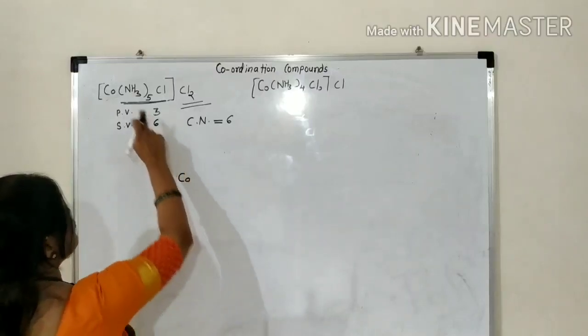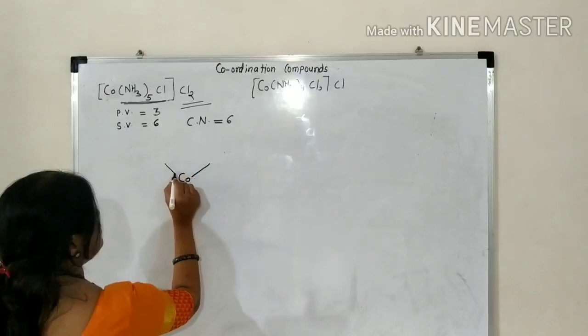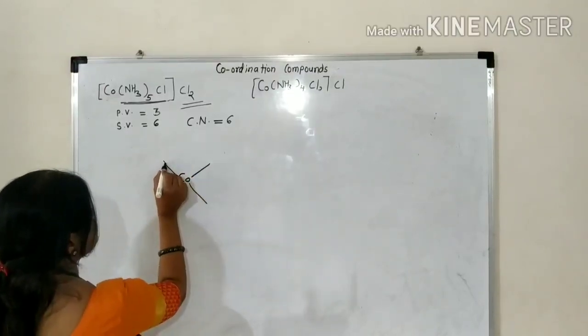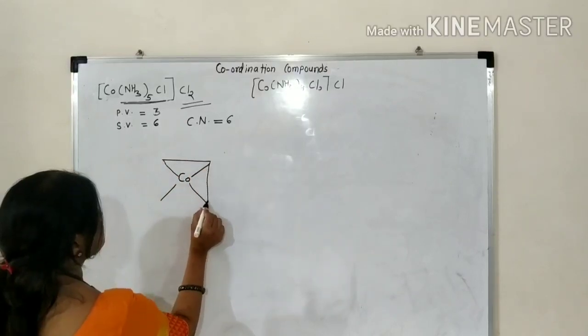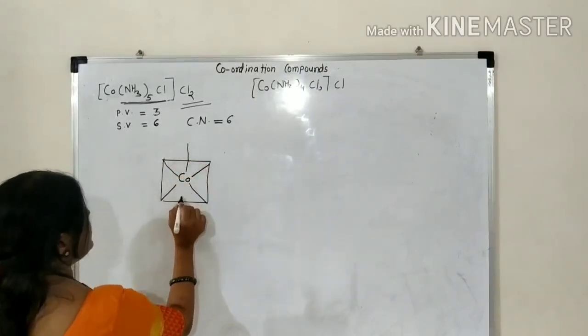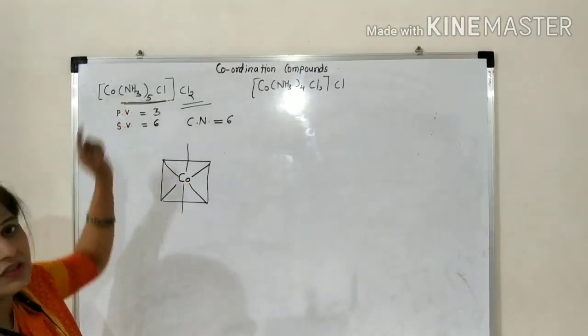In that complex, cobalt is at the center, and there are positions 1, 2, 3, 4, 5 and 6. These positions are attached to the ammonia.